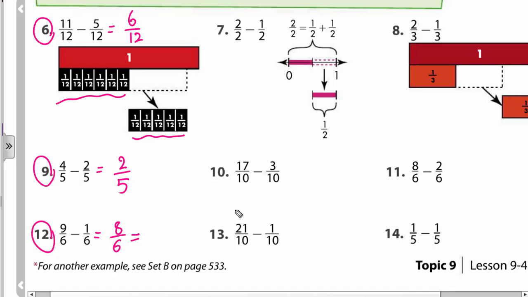How many whole ones can you find in 8 sectors? It's 6 sectors plus how many? Plus 2 sectors. So I can see only one whole here. So it's one whole and 2 sectors. Okay, Riyadh? So when you try to write it as a mixed number, you can do it like this.